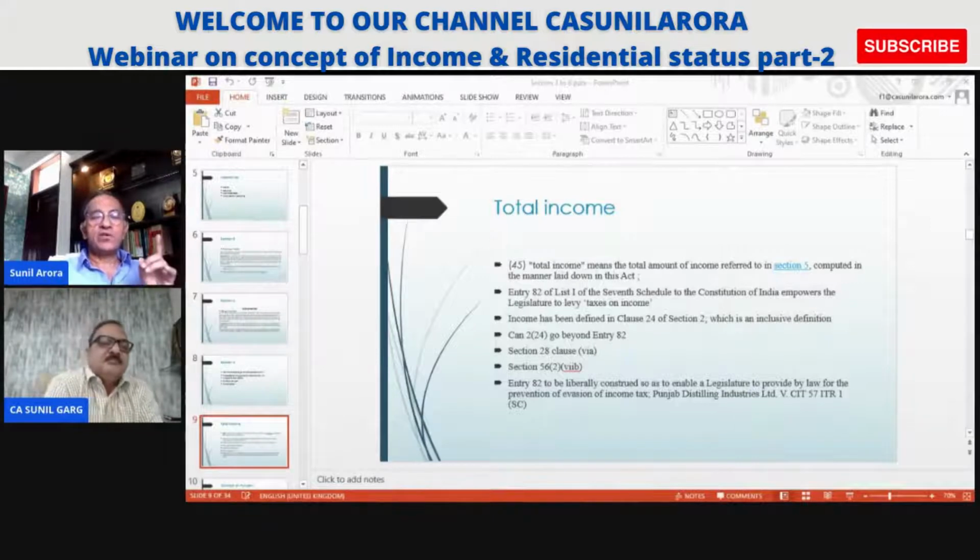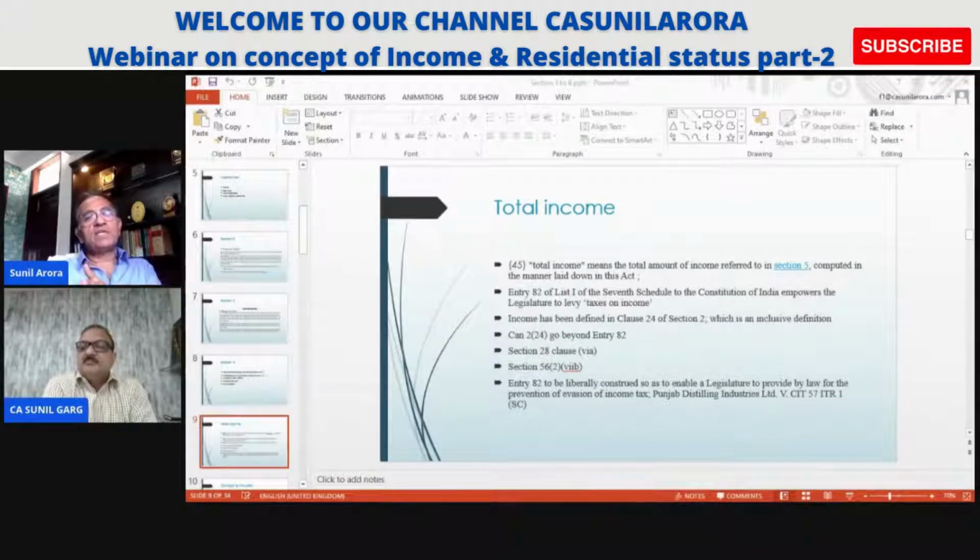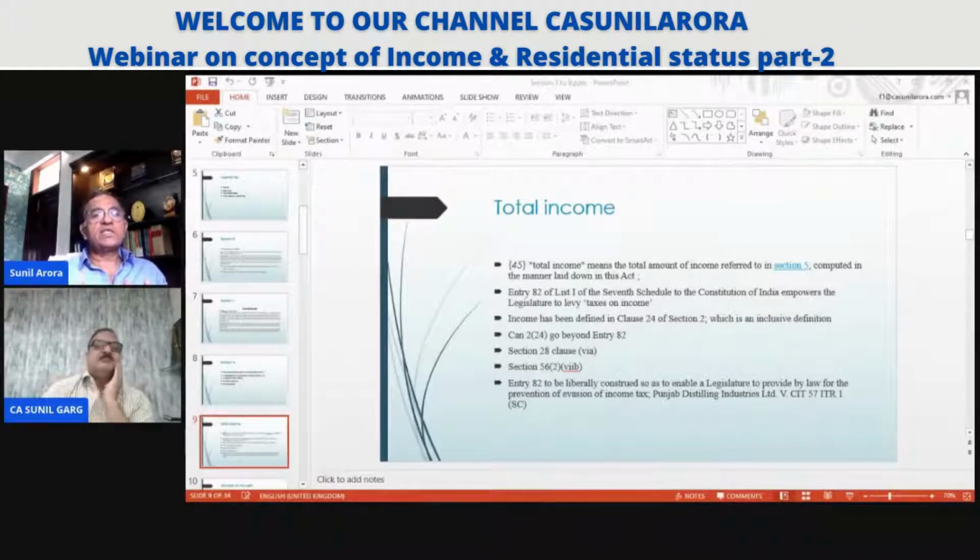On the date of conversion you take the fair market value. The difference between the cost of acquisition and fair market value would be treated as capital gains. Beyond that fair market value, if I sell that asset, which has now become stock in trade, it would be treated as income from profits and gains of business and profession. But this would be taxed in the year in which I ultimately sell the asset. That means only in the year in which the asset is sold does this become taxable.